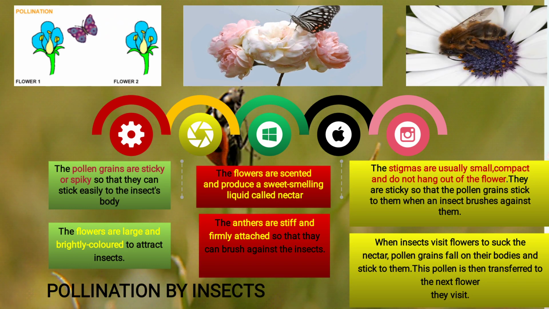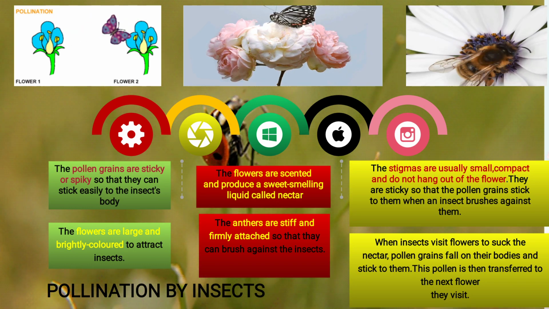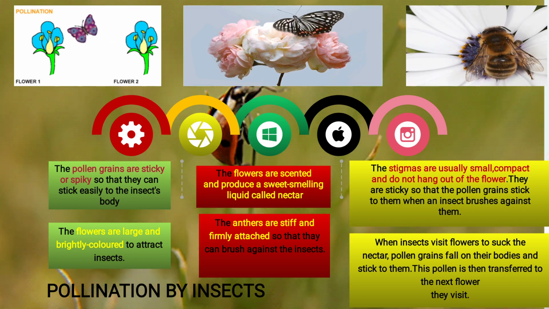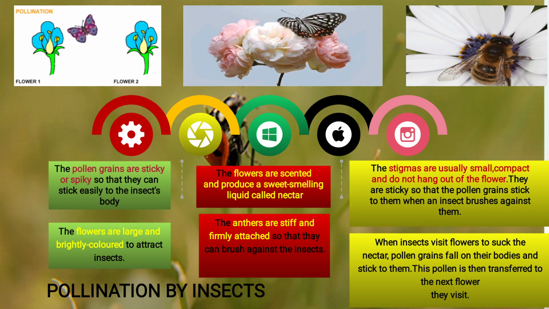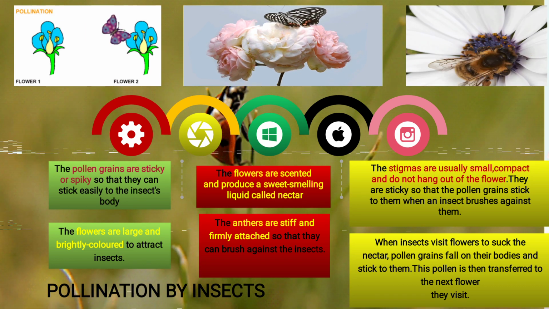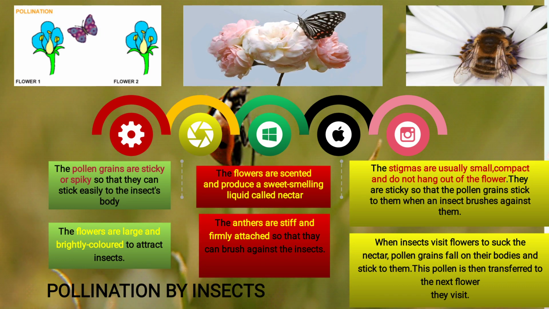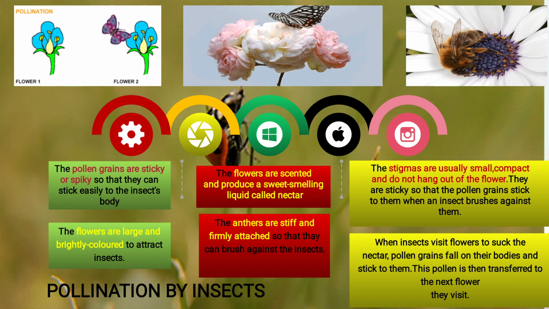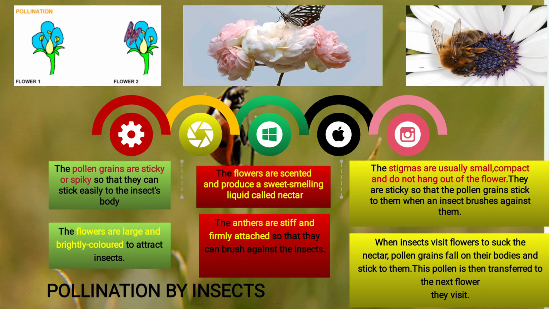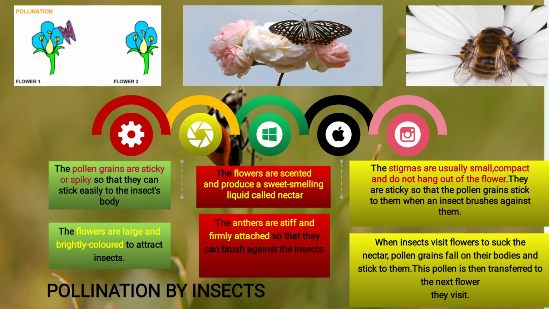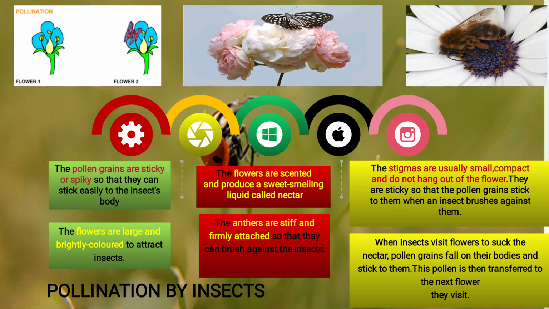You see a honeybee sitting on the stigma. It is very small. The stigma is also sticky so that pollen grains can stick. When the insect comes and sits over the stigma, the pollen grains present on their body parts or wings or legs will stick to the stigma and fertilization will take place.